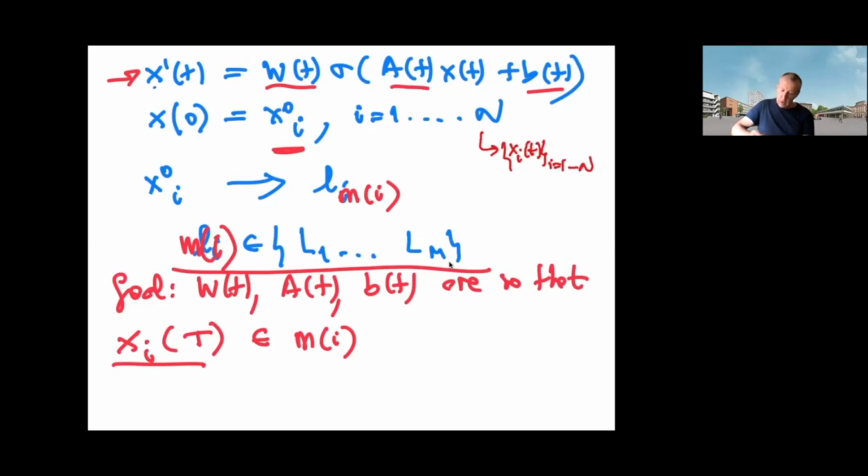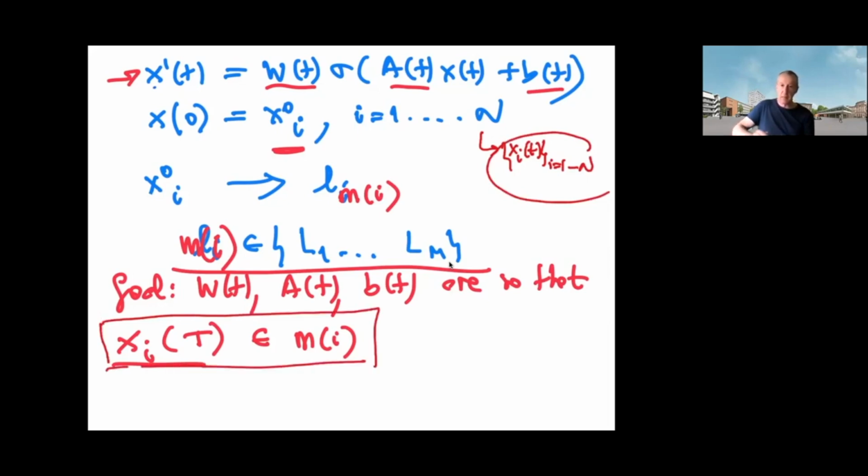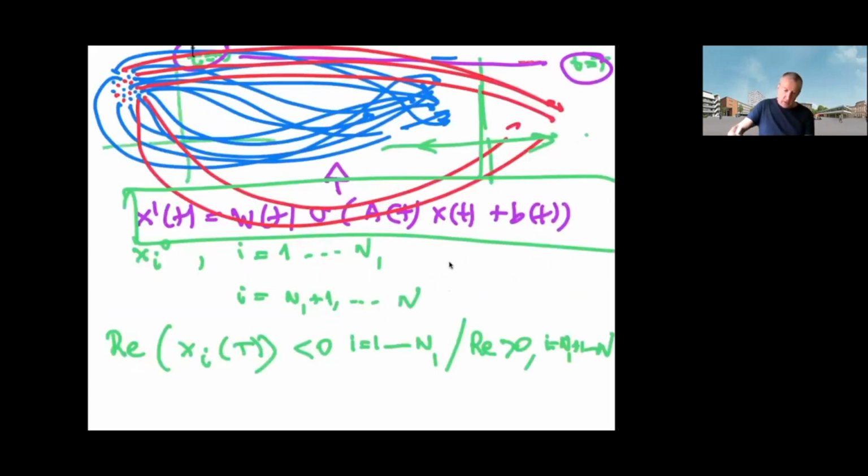Our goal is to choose the control so that each of the trajectories gets to the corresponding label, right? Okay, good.